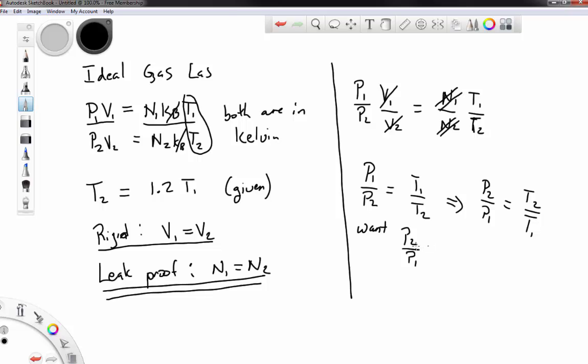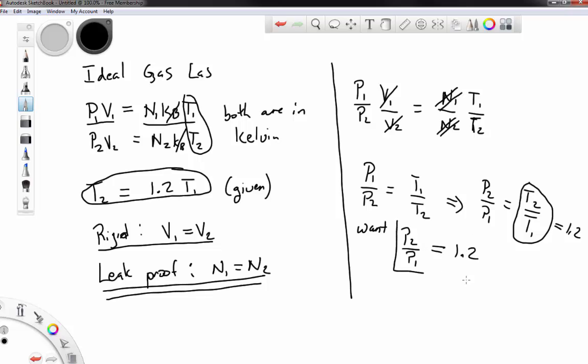Okay, and T2 over T1 we can get from over here. It was given because T2 is equal to 1.2 T1. That means that T2 over T1 must be equal to 1.2. So P2 over P1 must be equal to 1.2, and that's the answer.